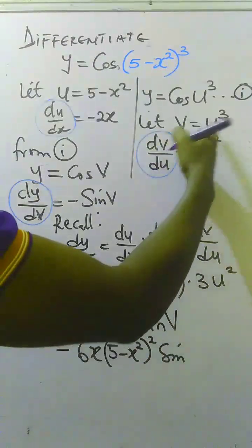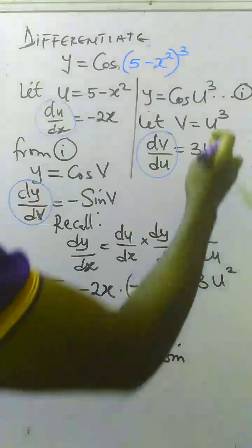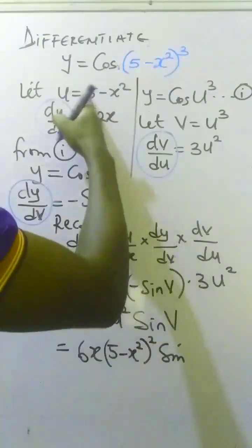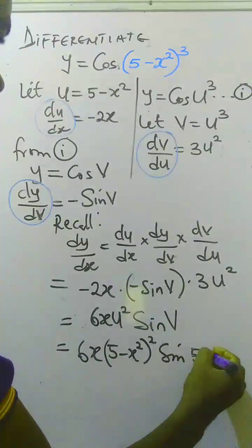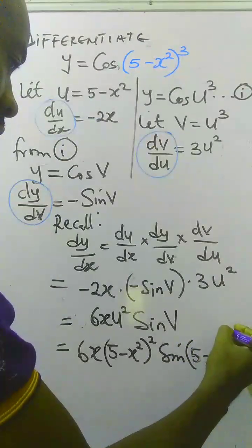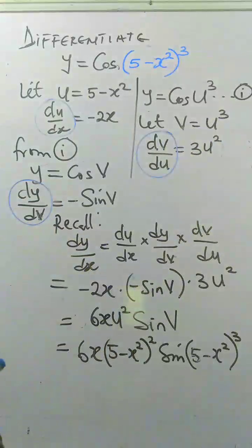What's our v? Our v is u cubed, and our u is this, so our u cubed is going to be 5 minus x squared all cubed. Okay, so this is the solution to this question.